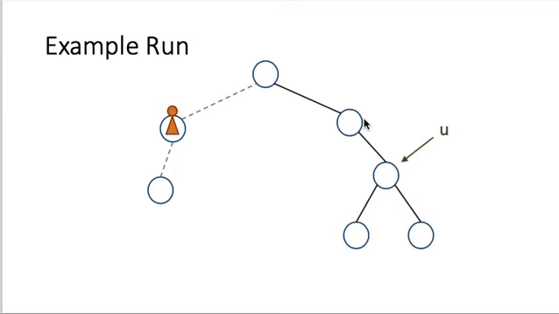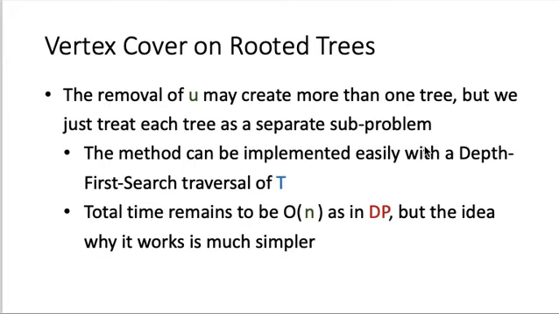If we remove this one, then we have this part and we have this part. Consider that there is a leaf joining to this one. So we may pick this one as the node U. So in that case, we will pick this first, then we will remove this edge and this edge. So we will have this tree and this tree obtained. But it's still okay. We will just treat each tree as a separate subproblem.